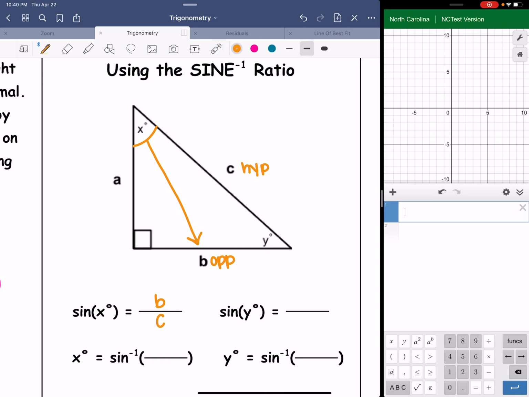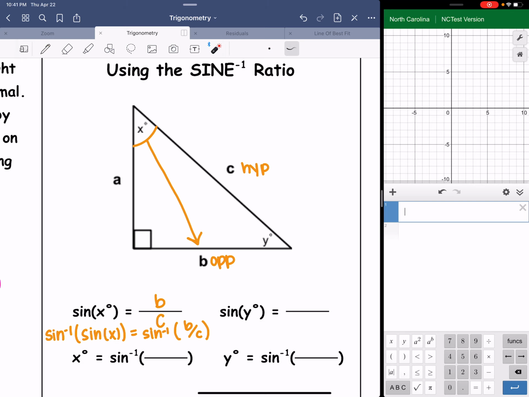So if I take the sine inverse on each side, that would look like sine inverse of sine of x equals sine inverse of b over c.